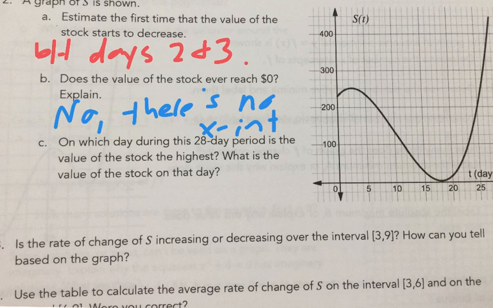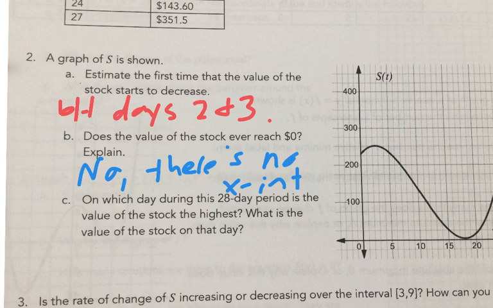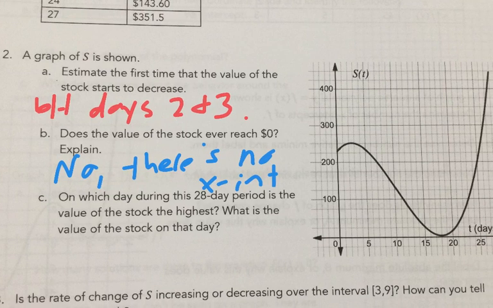So over this 28-day period, what is the value of the stock at its highest? Okay, so you get that from the table. The table only went to day when?